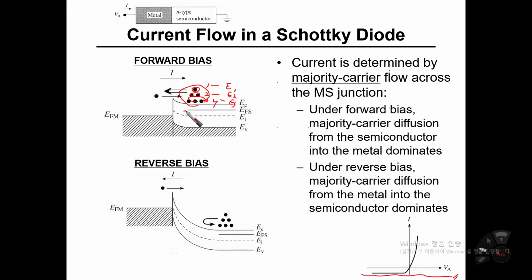If I increase VA, in other words, this energy barrier height is linearly decreased, say 1 electron volt, 2 electron volt, 3 electron volt, then the number of electrons that can participate in current flow increases not as 1, 2, 3, 4, 5, but as 1, 2, 4, 8, 16, 32, 64, 128. Why is that? Because the electrons are distributed exponentially as a function of energy.